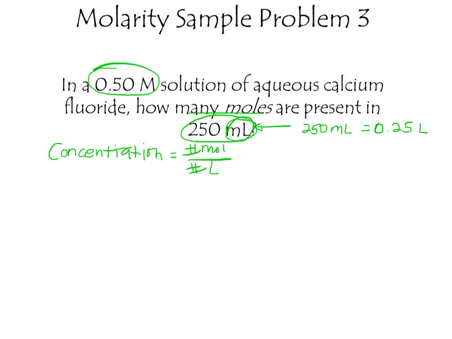Now that we have this, we can rearrange our equation, because we're looking for the number of moles. To get the number of moles alone on one side of the equation, I have to multiply both sides by the volume.